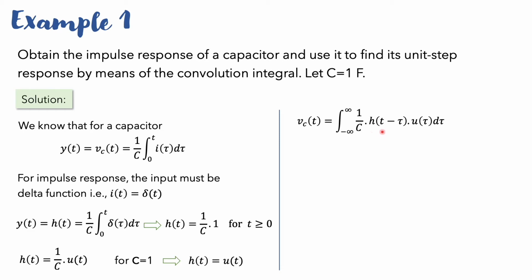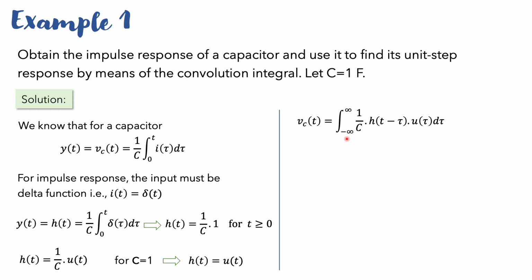So here is the impulse response. This is the convolution integral. You can go back and see how it is represented. This is the shifted unit step function, this is the shifted impulse response, and this is the input.